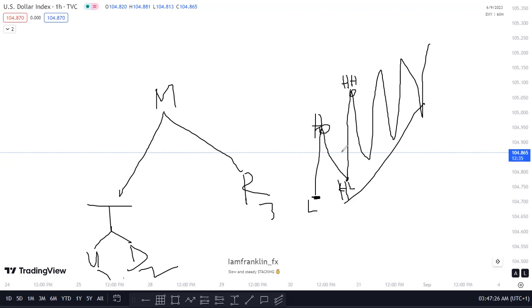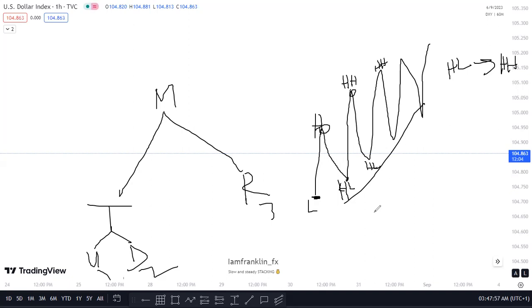So it's a series of higher lows and higher highs. That's the basic characteristic of an uptrend.